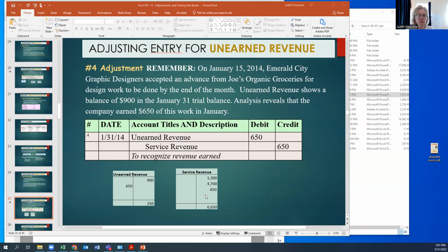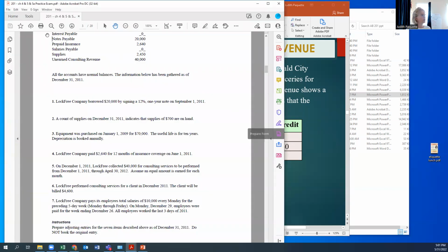Okay. So which of these problems? Look, we've got unearned revenue up here, $40,000. Which problem is an unearned revenue account problem? Which of these problems is an unearned revenue problem?